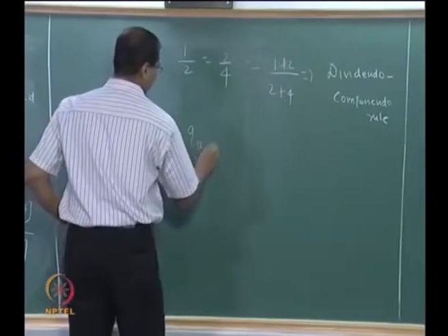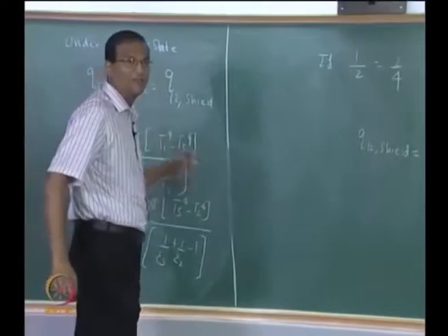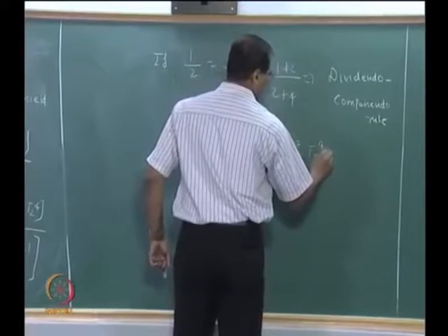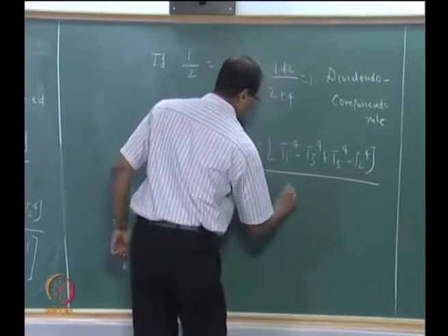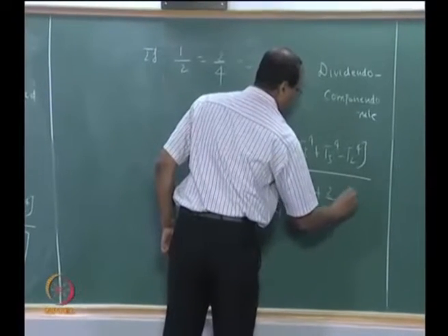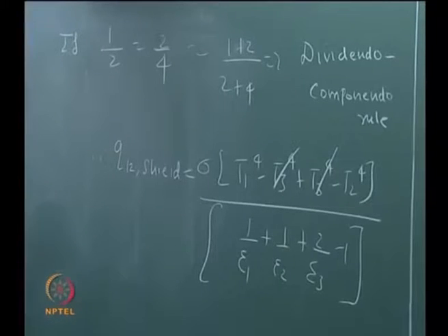Therefore, it is also equal to the sum of the numerator and denominator separately, correct? Yeah, you can get the same result with a lot of labor if you were not to use the dividend of component rule. Still it is possible, you can substitute for T3 from here, you will cross multiply, you can do all that.